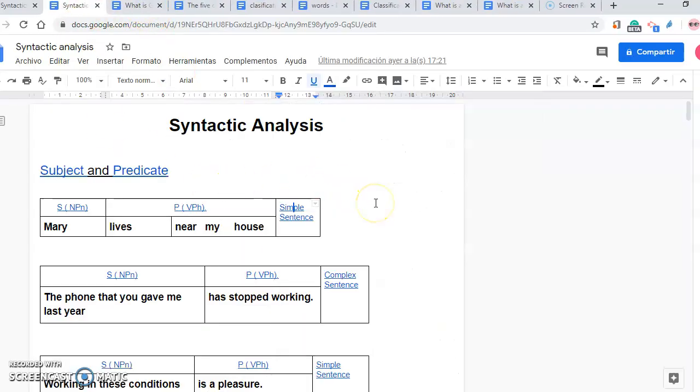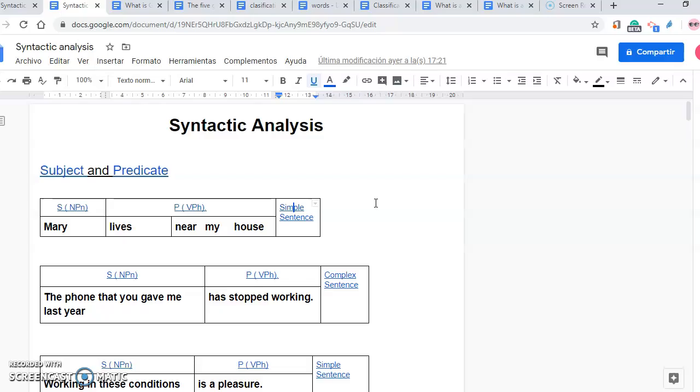So let's go back to the syntactic analysis. Then we are going to see the subject and the predicate. This is the big division that we've got in sentences, the subject and the predicate. For example, Mary is the subject, and what we say about the subject is the predicate.